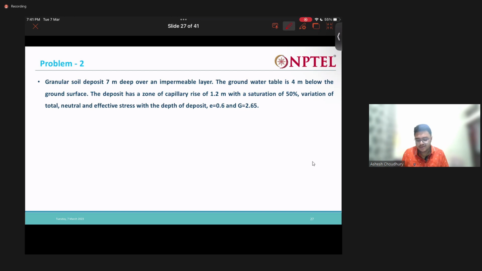The next problem: we have a granular soil deposit 7 meter deep over an impermeable layer. The groundwater table is 4 meter below the ground surface. The deposit has a zone of capillary rise of 1.2 meter with a saturation of 50%. Then we have to find the variation. So let us draw the diagram first.